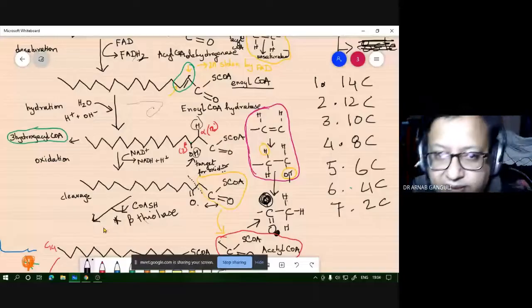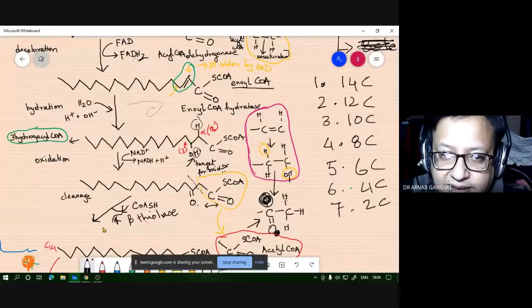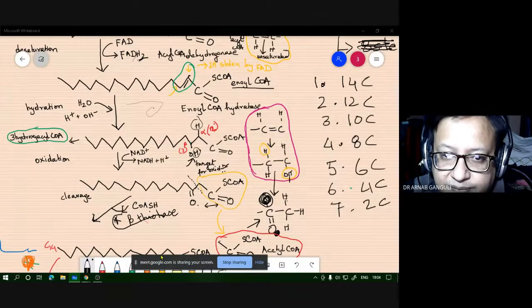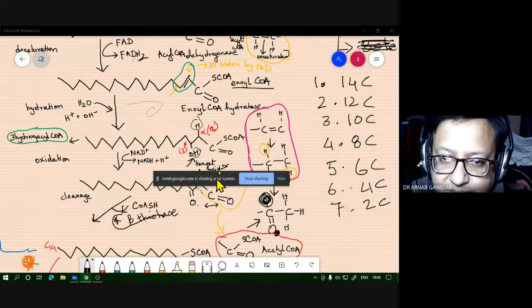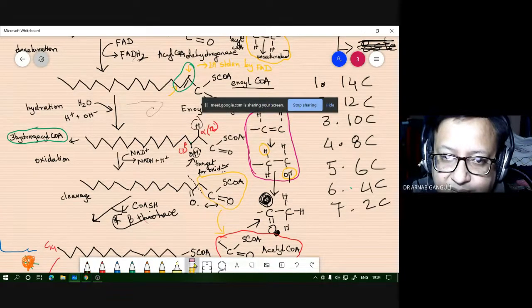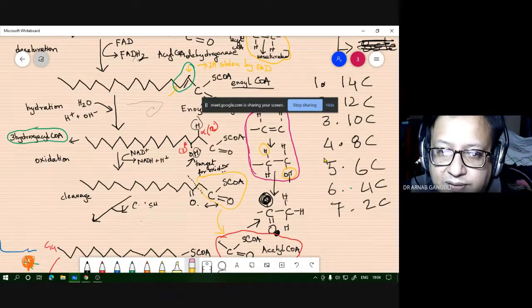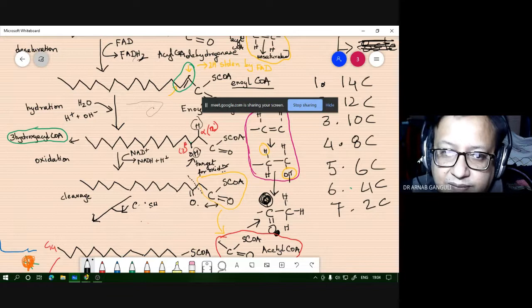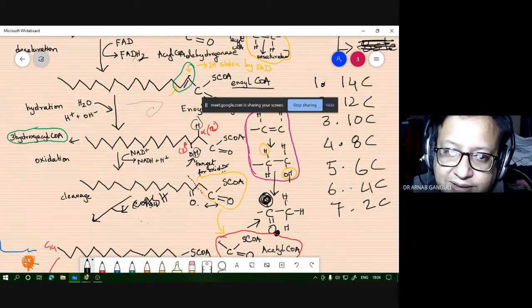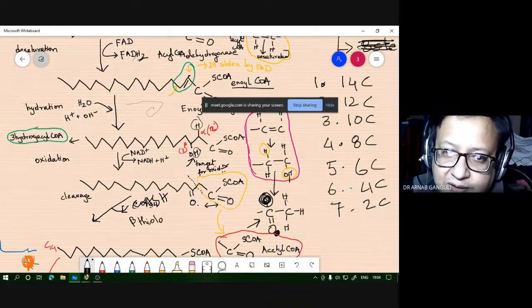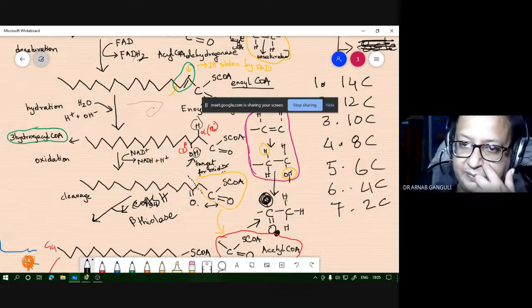This cleavage, CoASH, this is beta thiolase, this enzyme.